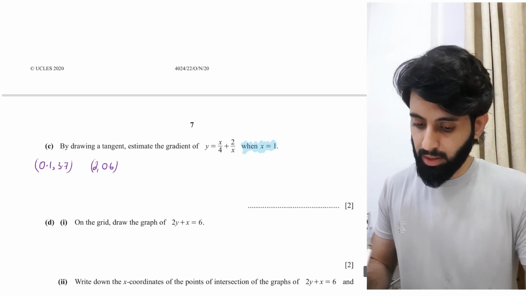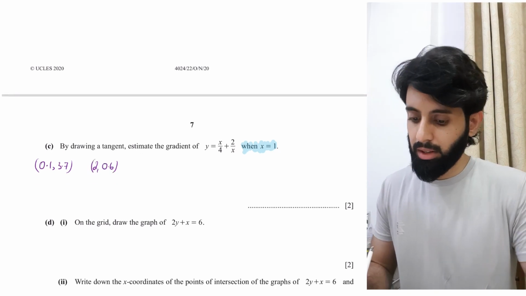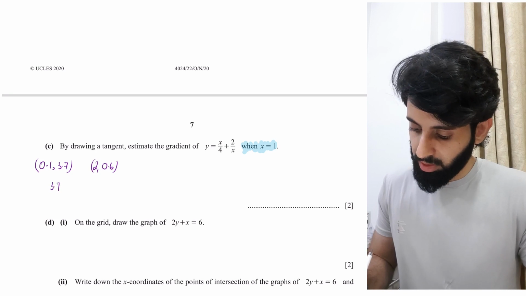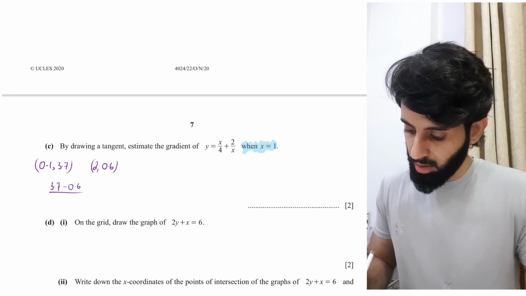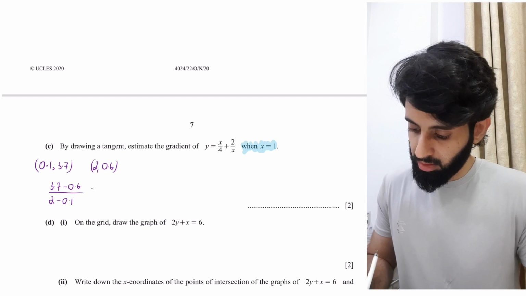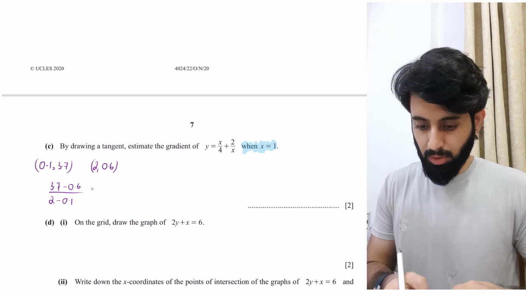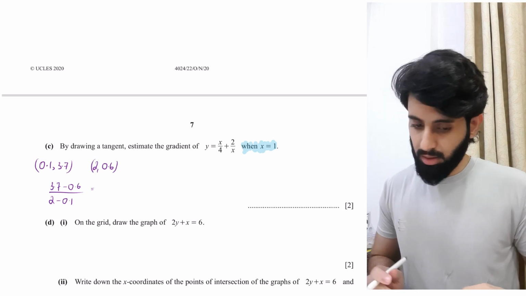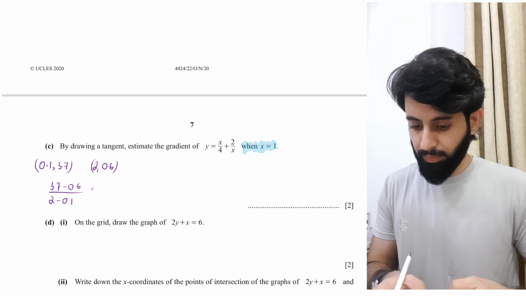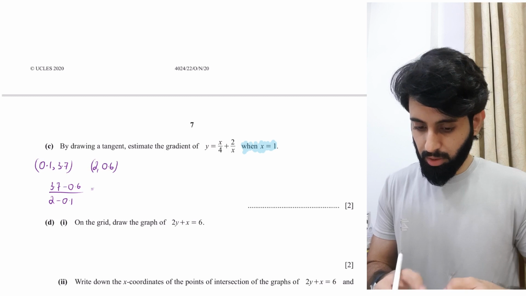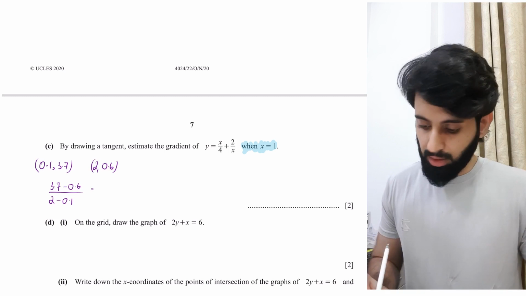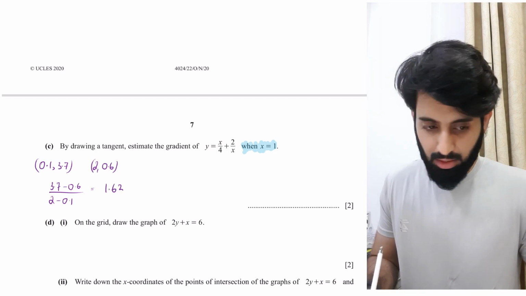Okay, now let's find out the gradient. Now remember, the gradient of this particular line is going to be negative. So 3.7 minus 0.6 over 2 minus 0.1. So let's see what this is equal to. 3.7 minus 0.6, so that's that, divided by 2 minus 0.1. So that's equal to 1.6315.